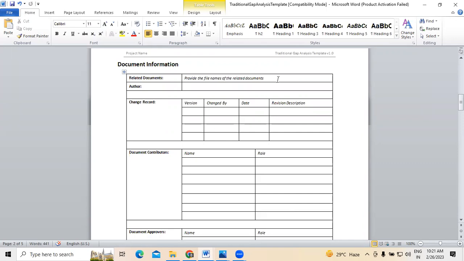Whatever related documents relate to gap analysis, because there are a lot of documents we receive from people, because through interaction we get to know many things through observation. Apart from that, exchanging documents is also needed, because everything should have documental evidence. So related documents must be mentioned here, followed by whoever is giving those documents, all that.